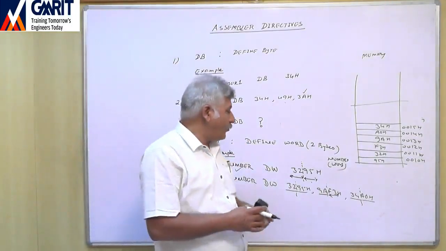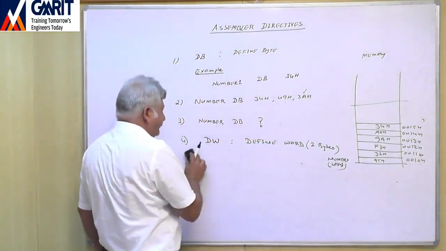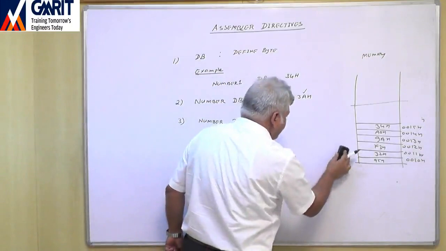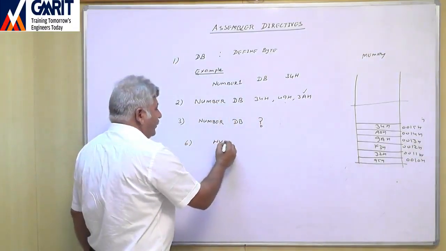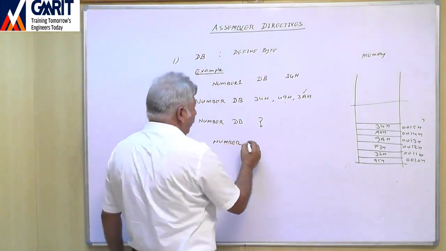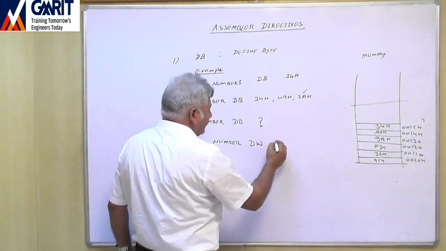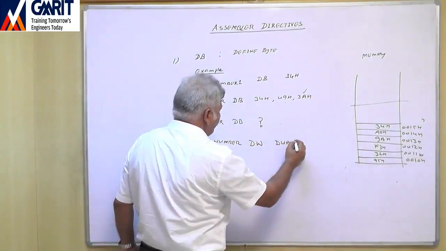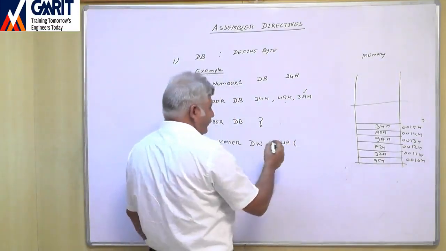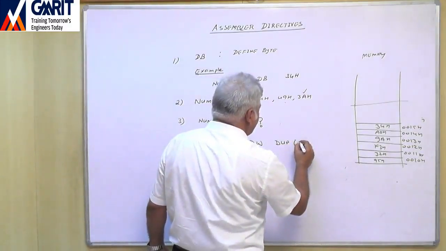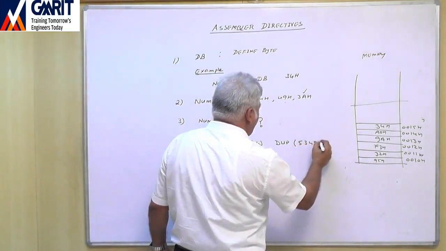and in our program we can utilize those numbers. Now another example is number, define word, DUP, and 5, 3, 4, 9.